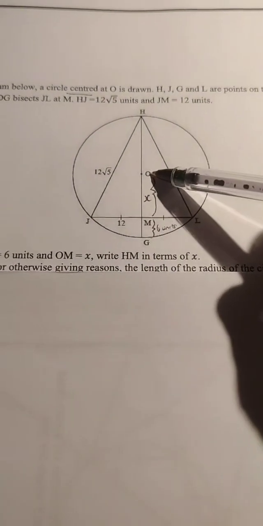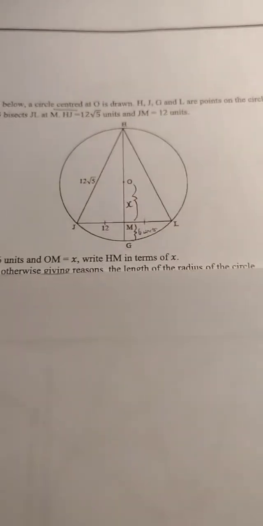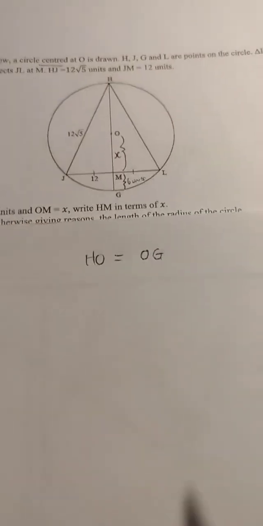This is the length of the radius from G to O. That is our radius. But now we are being asked to calculate the length of HM. But of course, we know that HO is equal to OG.